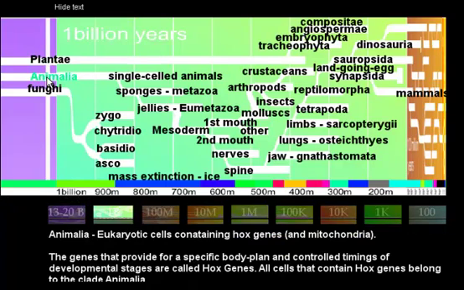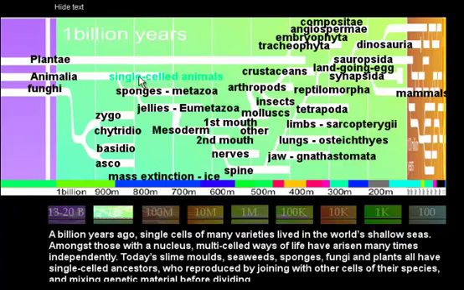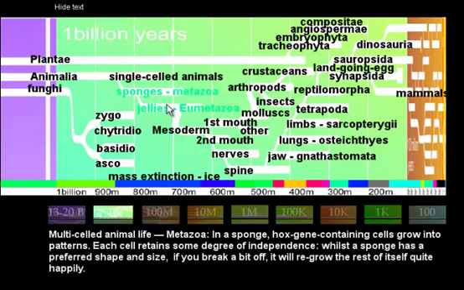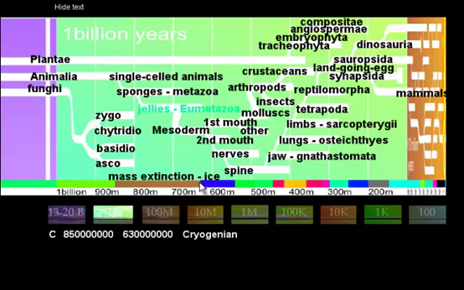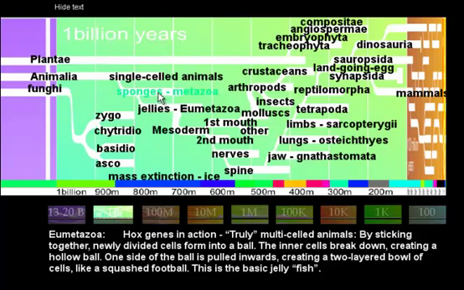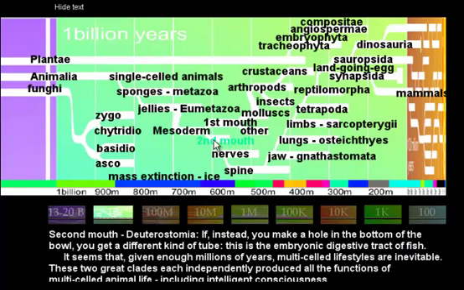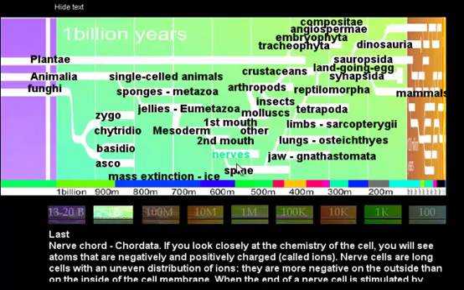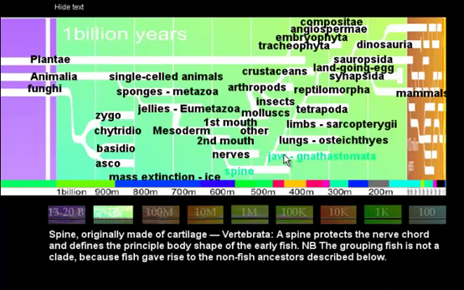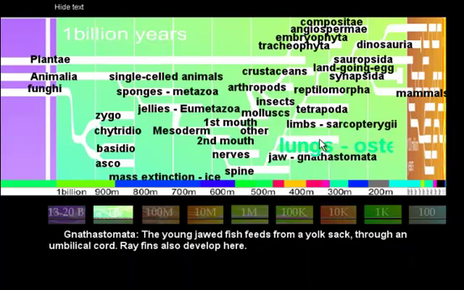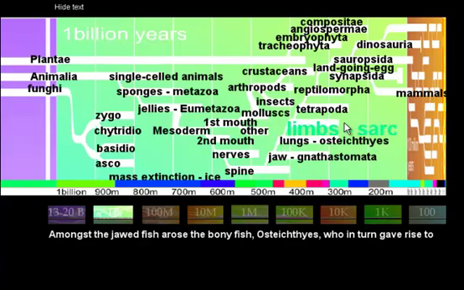So the animals start off single-celled, then they start to live together as sponges, and then they form into a jelly type body. Then they form a middle layer of cells inside, which makes a mesoderm. Second mouth is a formation of the shape of the tube. Then we have the spinal cord and brain, chordates. Then we have the spine, which is originally made of cartilage, vertebrates, the jaw, then the lungs, followed by the limbs.